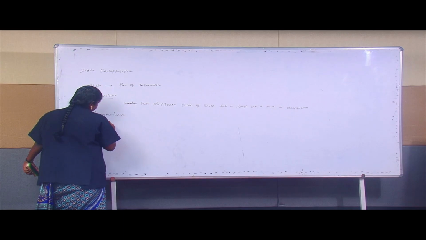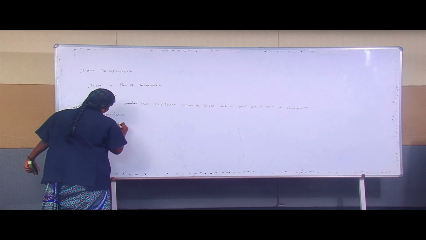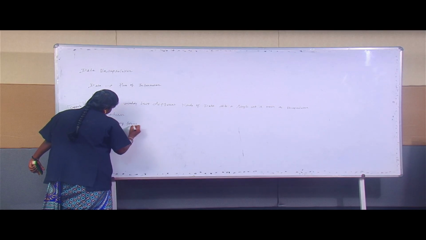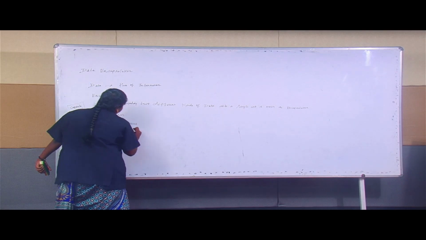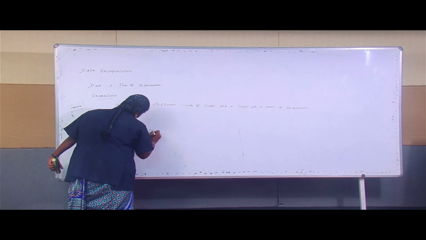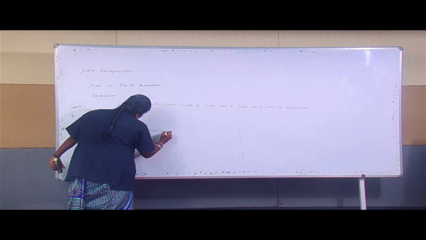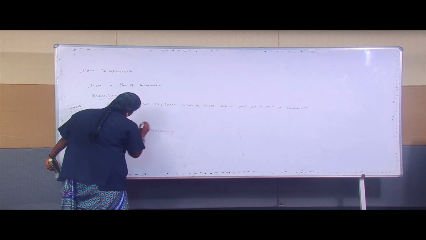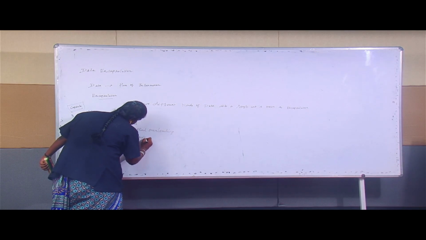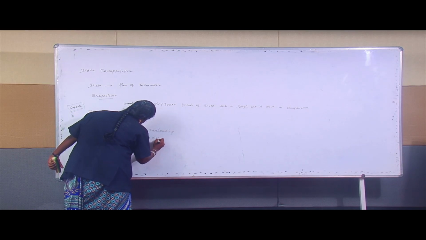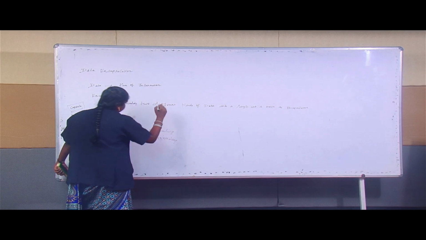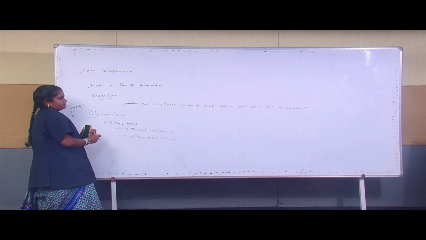So existing in many forms or many types is known as polymorphism. The examples of polymorphism are method overloading and operator overloading.